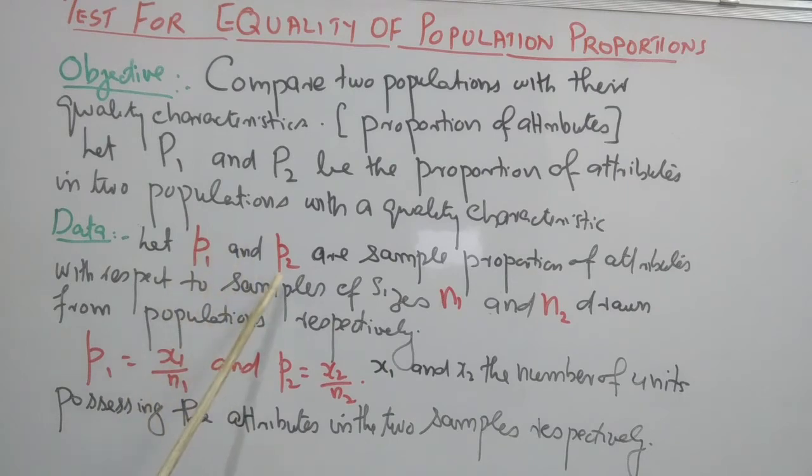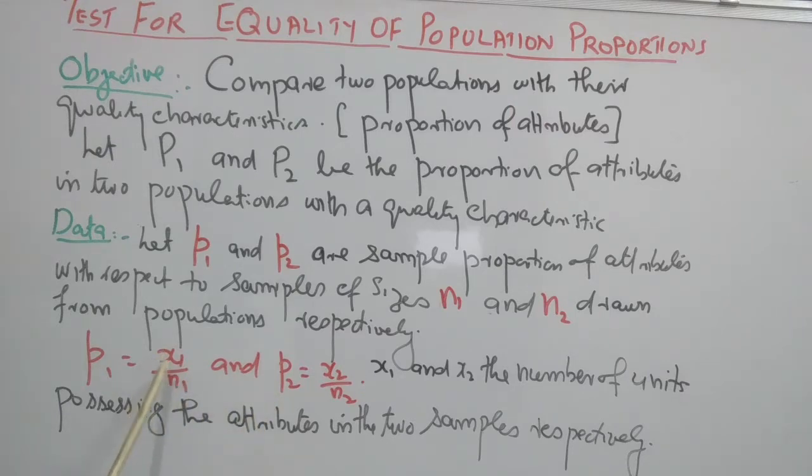Here p1 and p2 are the sample proportions of attributes with respect to two samples of sizes n1 and n2 drawn from the two populations respectively. That is, for studying a population, we use samples. That is the branch of statistical inference: information about a population from samples.